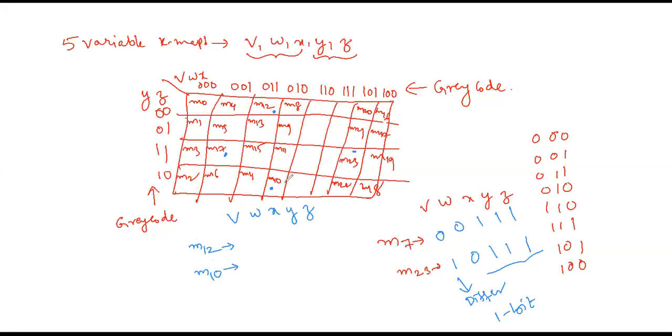Write down the corresponding cell numbers, and check the number of bits that differ. If you understand the cell adjacency correctly, you do not face any difficulty in the K-map.